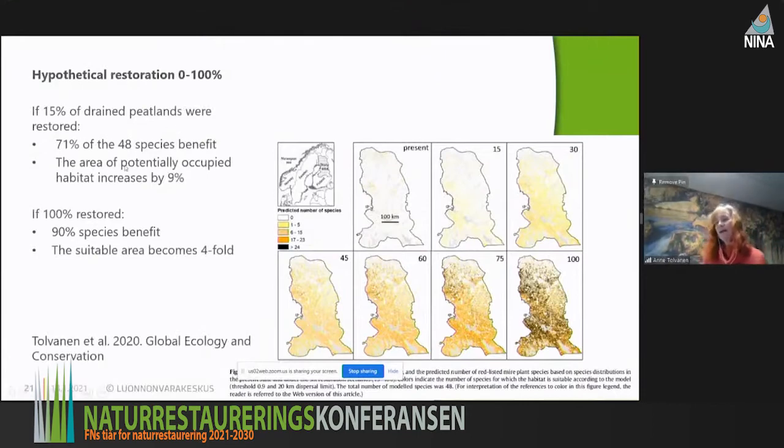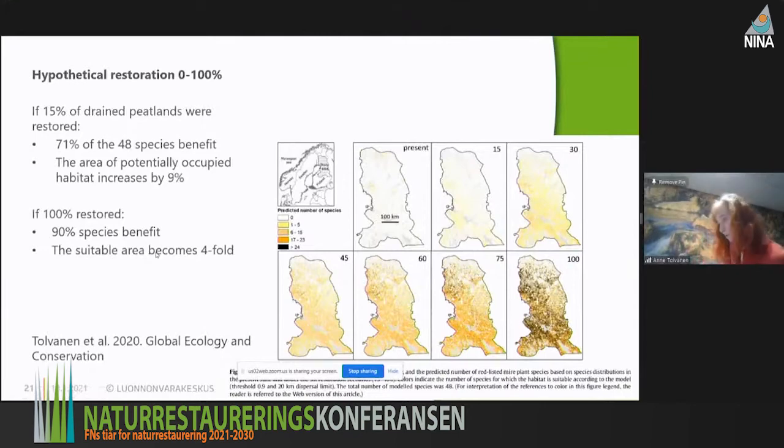But then the area of potentially occupied habitat increases only by 9%, less than the restoration percentage as such. So many species benefit, but by less than the actual restoration area. But when we go to the other extreme, if all the drained area of peatland is restored, almost all the species benefit, and the suitable area for these species becomes fourfold.